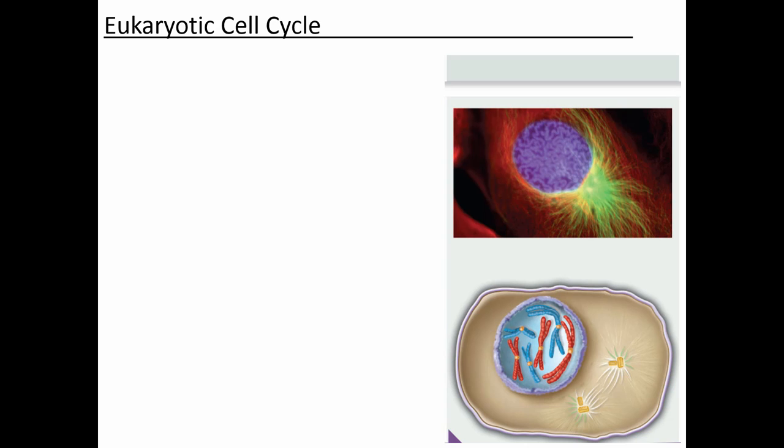This is the structure made out of microtubules that in an animal cell is going to start growing from the two centrosomes that you made in interphase.